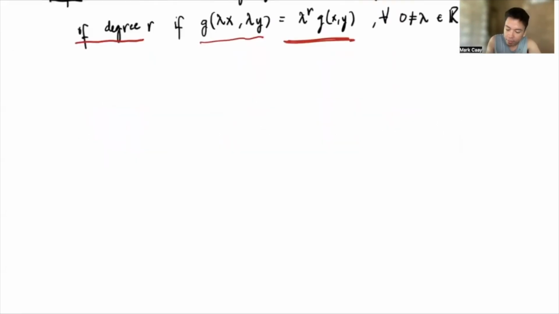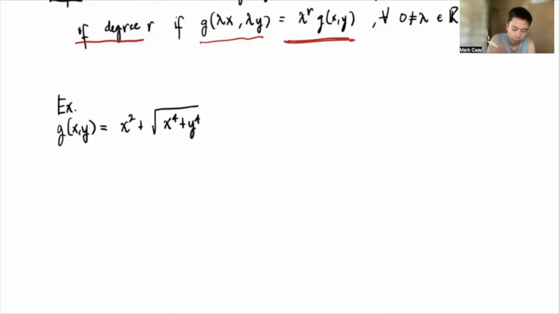Let's say, for example, we have x squared plus the square root of x to the 4 plus y to the 4. This is our g of x, y. So how are we going to solve this? We have g of lambda x, lambda y, where lambda is in R and is non-zero.